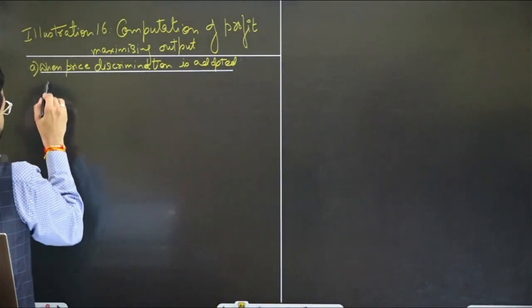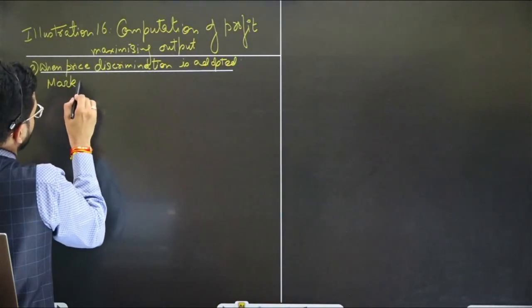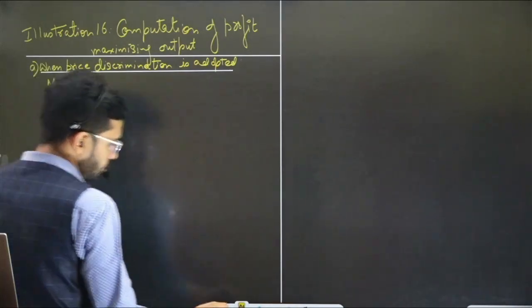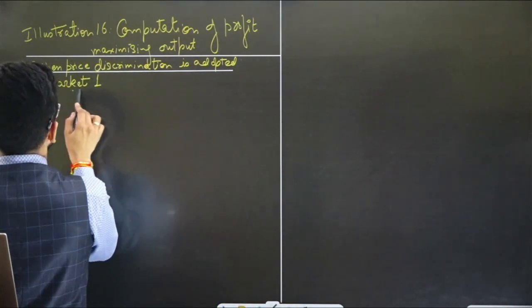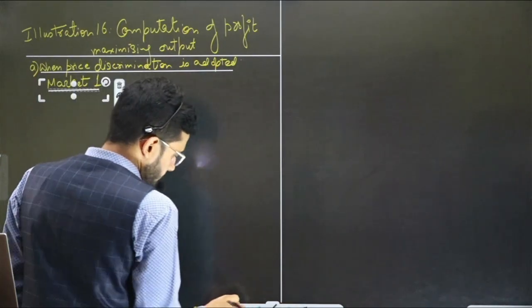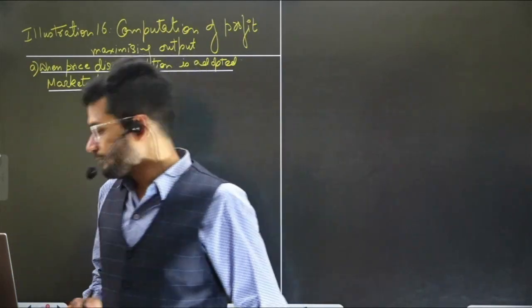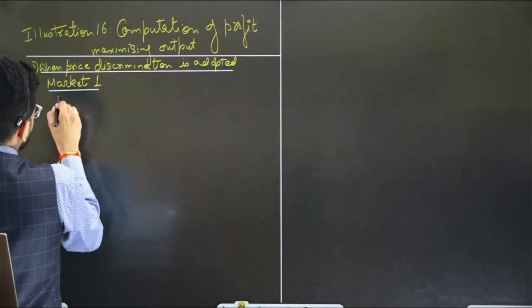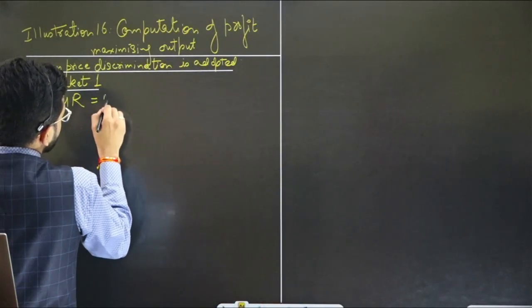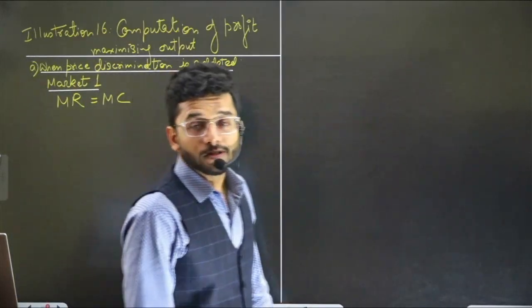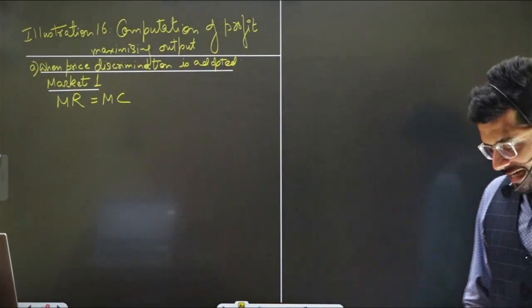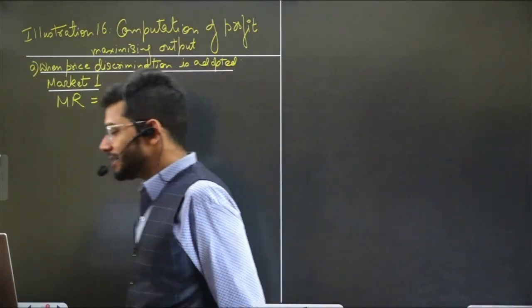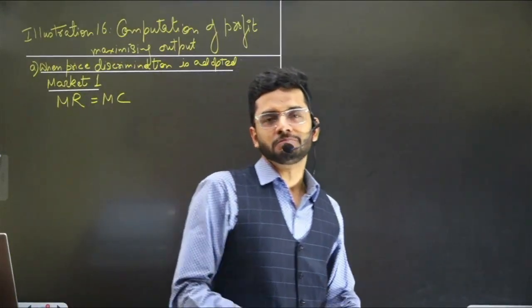Okay. So first we are going to talk about market 1. Then we are going to talk about market 2. Okay. So in case of market 1, what is the profit maximizing criteria? It is MR is equal to MC. Now one very important thing which needs your attention over here, guys. The question nowhere says that it's a monopolist firm.